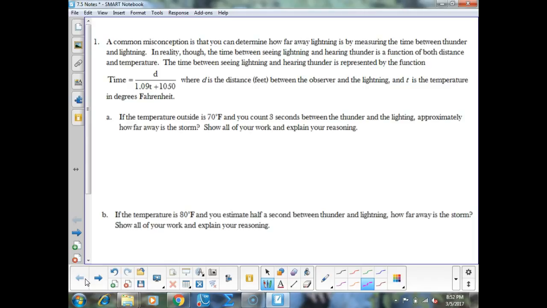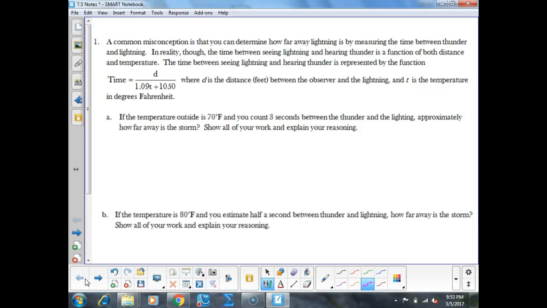For you scientists in the room, that's in ideal conditions. 5,280 feet would be a mile, and 5 seconds would be roughly 5,500 feet. That's where they were going off of. But really, it's distance, temperature, and humidity too.